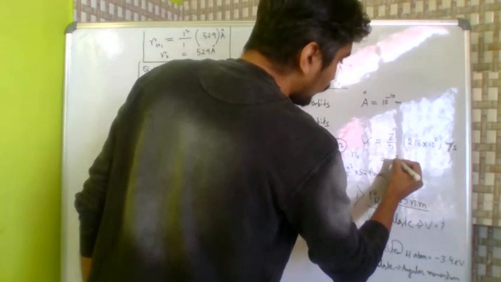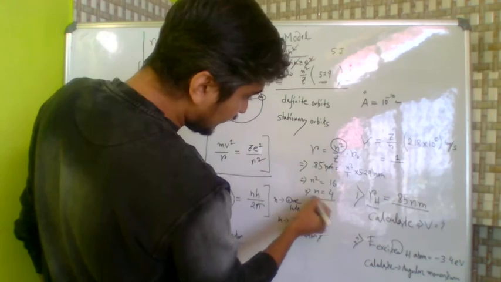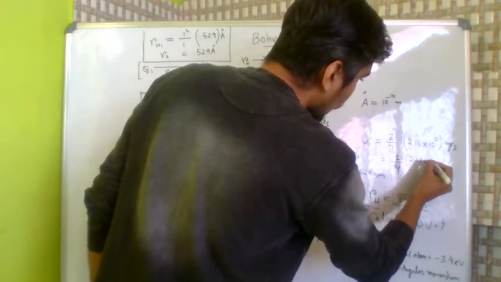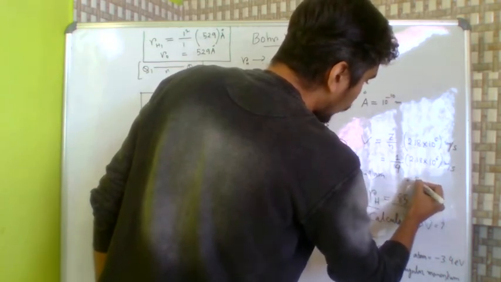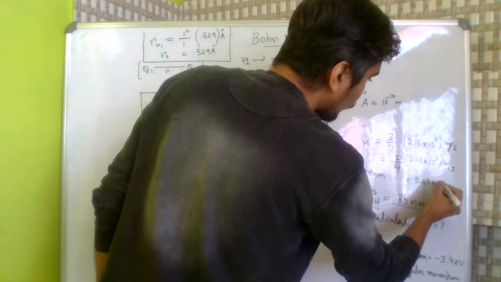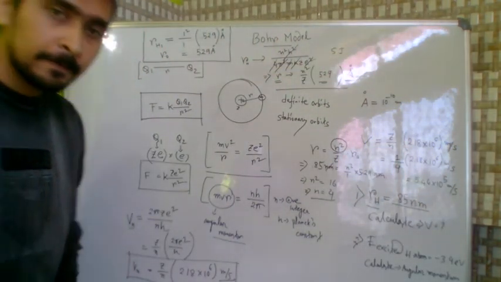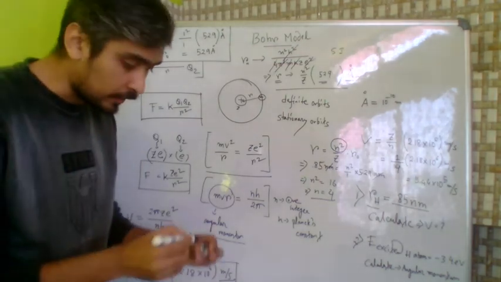Z is 1 for hydrogen atom, and n came as 4. So this divided by 4, and it will be 5.44 into 10 to the power 5 meter per second. This will be the answer. Is it clear?